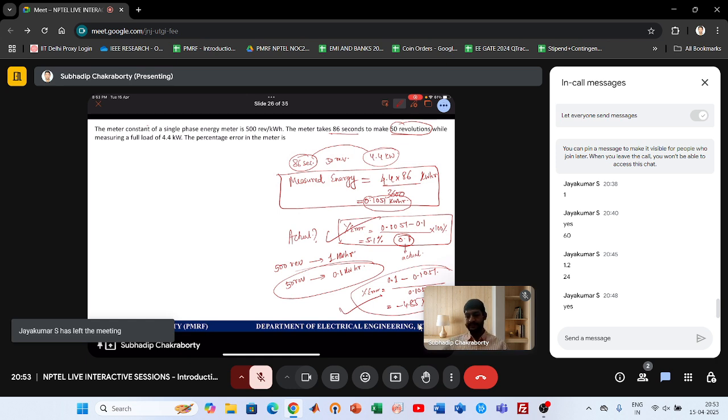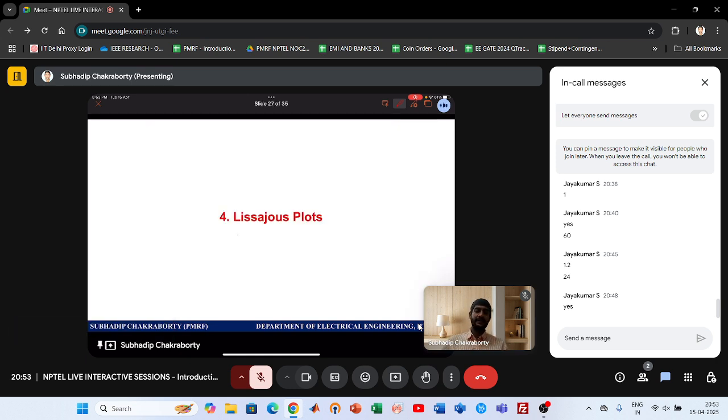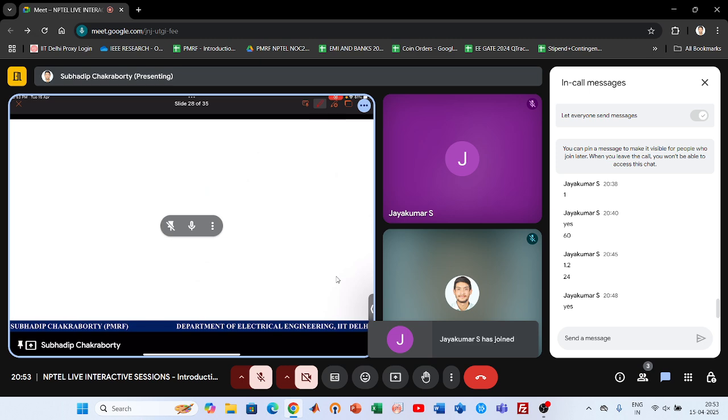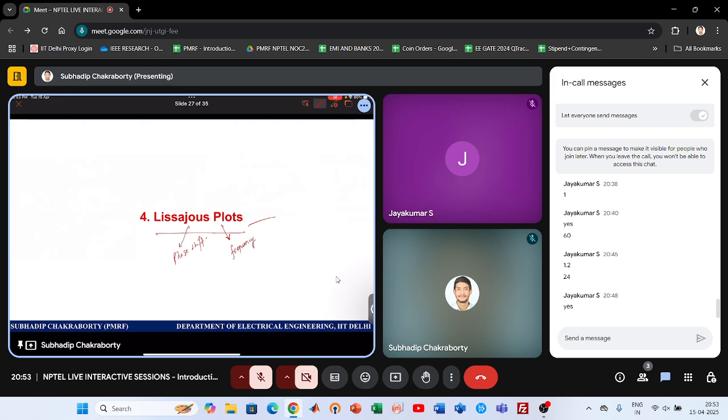So both are correct. Now let us come to the final topic, which is the Lissajous plots. I just want to briefly discuss with you how to actually find out in the Lissajous plots the phase shift and the frequency information.